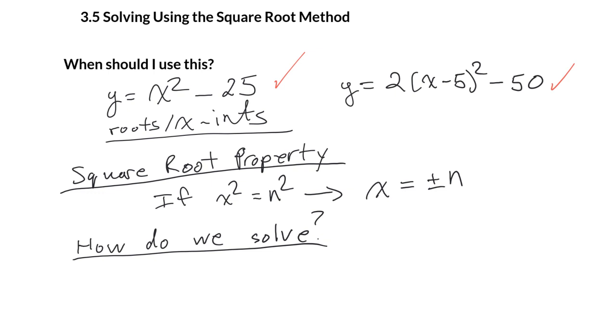How do we solve? Well, this is how it's done. 1, you isolate the x squared term. So you actually solve for x squared. You get x squared by itself. 2, once you've done that, you have to square root both sides.